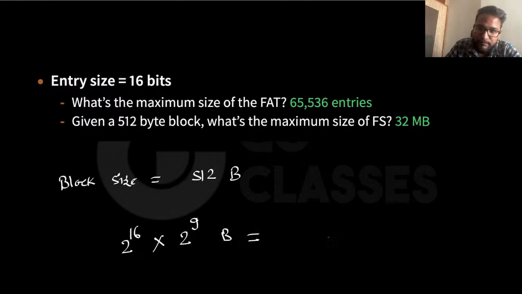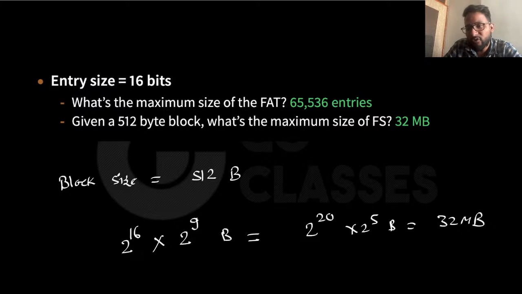So it is 2 power 20 into 2 power 5 bytes, which is 32 MB, which means your complete disk, right? So the maximum size of this file system means that complete disk. Your complete disk could be 32 MB only. Why?